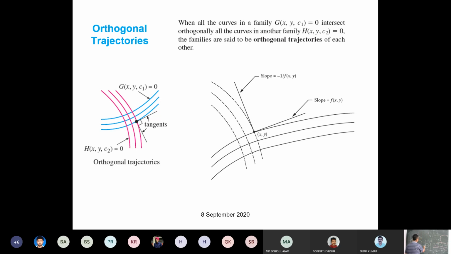Okay. So now if I come back to this, you will see that if you draw circles centered on the y-axis, you are going to get something like this. Let me just show you.